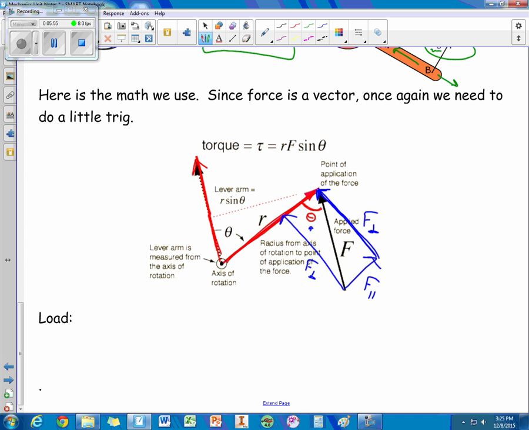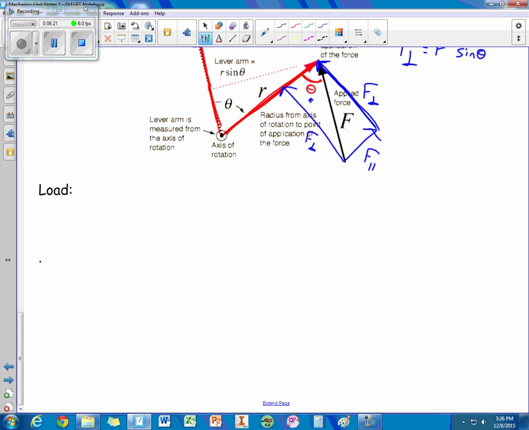So I see that this perpendicular component would equal this force times the sine of theta. So to get this torque then, it'd be that lever arm times force times sine of theta. Sometimes you have to use cosine. What's important is that the force must be perpendicular to the lever arm.